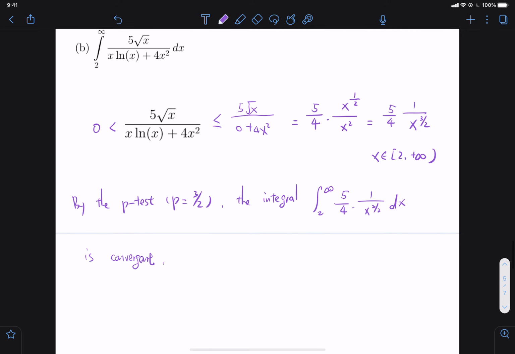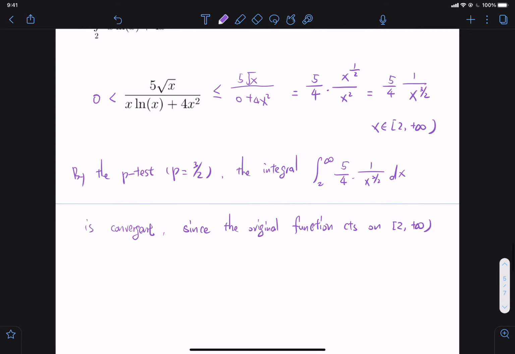And since the original function is continuous on this interval from 2 to positive infinity, we can apply the comparison theorem.